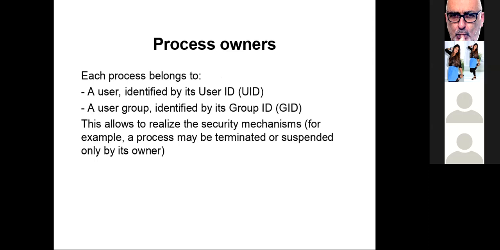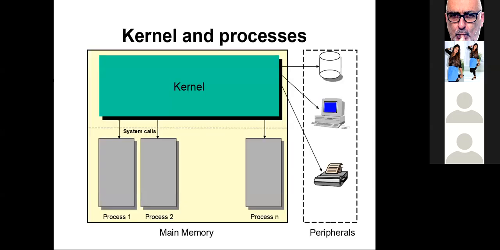Usually the concept of owner is strictly related to the user of the operating system. So users are identified, single users, and processes run by a user are owned by the user himself. A user has a user ID, which is again a natural number, and users can also be grouped in groups. We don't use that, so we skip.